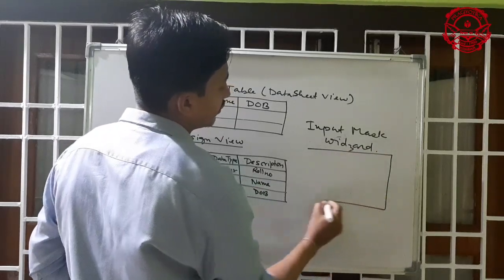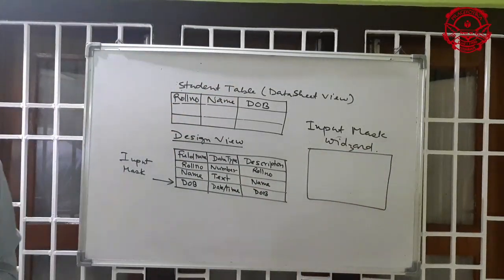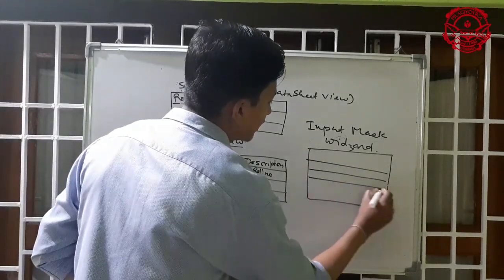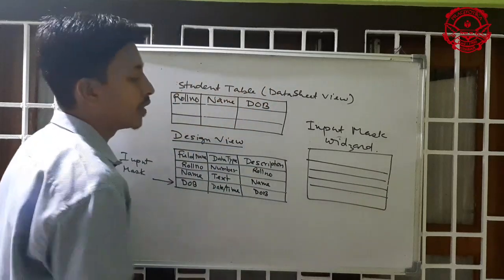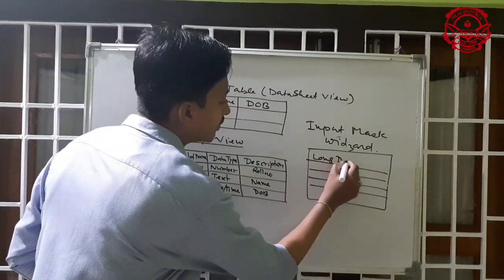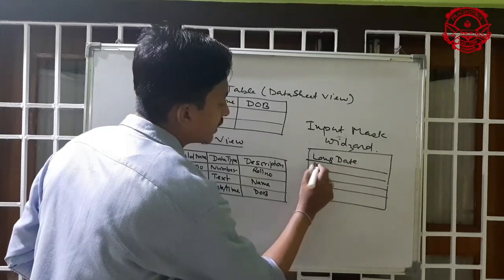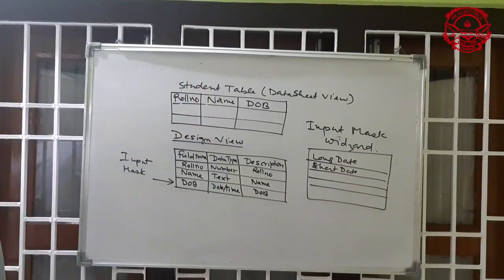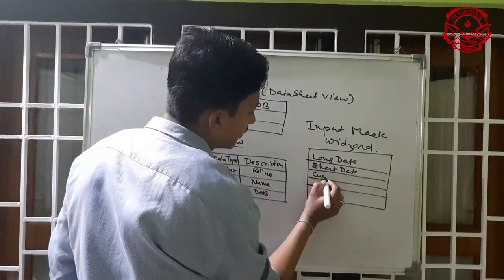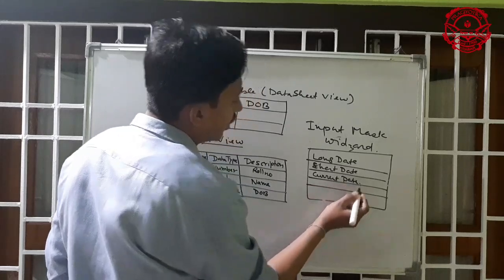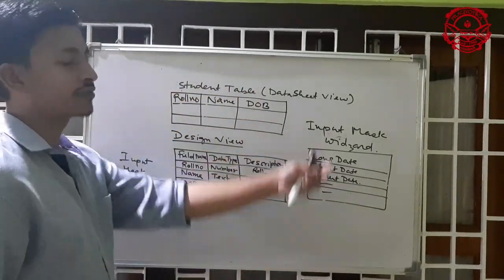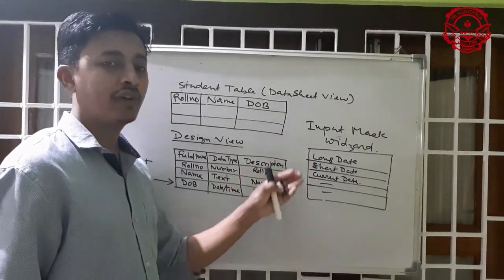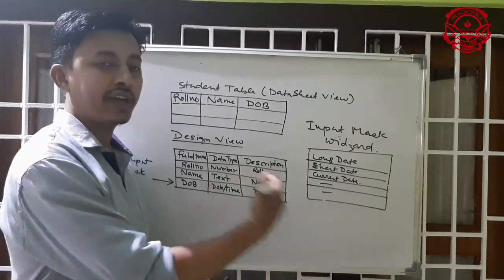In this wizard you will get different options or types, say long date, short date, current date. In this way the different options will come. You just select one option from these already predefined formats.